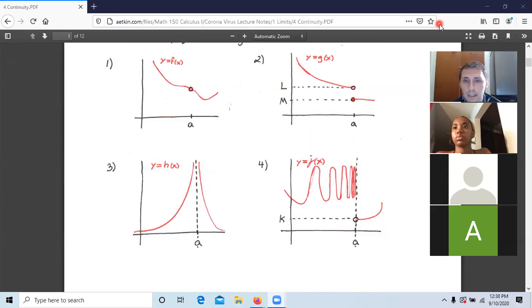We consider a limit to exist if we have convergence to a number. Plus infinity is just a tendency. It means that we're getting bigger and bigger values, but not an actual number, so the limit does not exist.